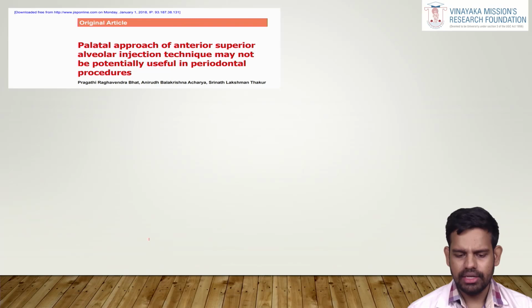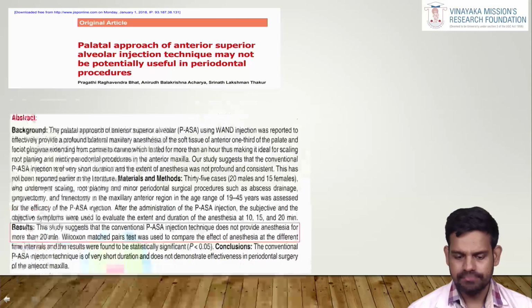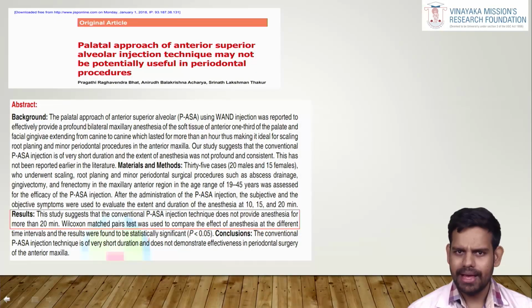In this original article given by Pragati Raghavendra et al., palatal approach of anterior superior alveolar injection technique may not be potentially useful in periodontal procedure. Why? Because this study suggests that the conventional palatal anterior superior alveolar injection technique does not provide anesthesia for more than 20 minutes when compared with the conventional anterior superior alveolar nerve block.